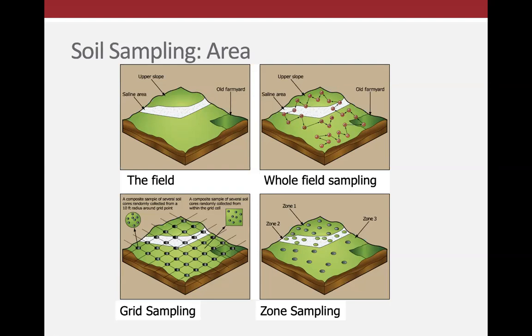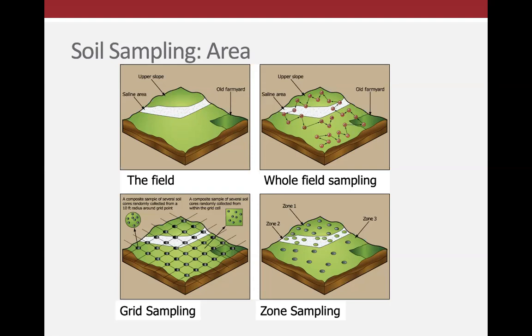Grid sampling is when we go out and we systematically lay a grid down on a field, and then we essentially sample each one of these grid points, okay? So we don't really think about the history, we just lay a grid down and then we do the sampling.